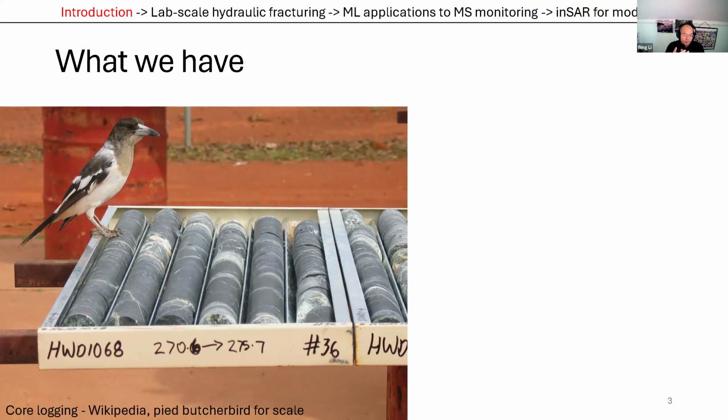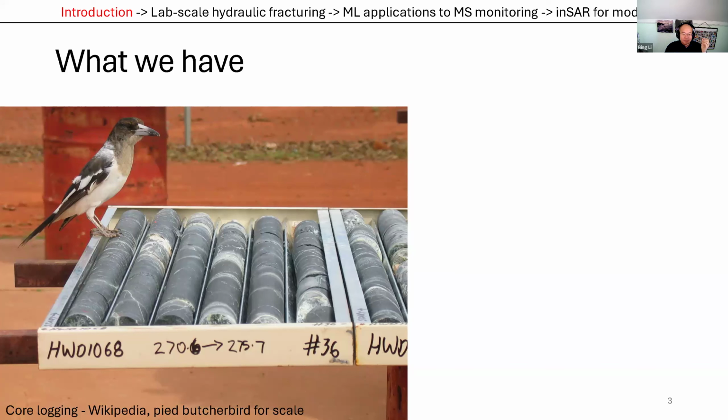Of course, one of the big sources of data that we have is core logging, right? Actually getting the rock out of the ground, looking at mineralogy. This is where we get CT scans from these cores. We can get a good sense of where the structures are, where our geological domains are. I believe this is one from Australia, and we have a pied butchered bird for scale.